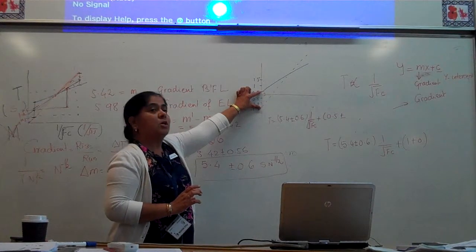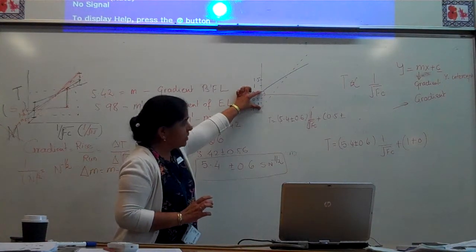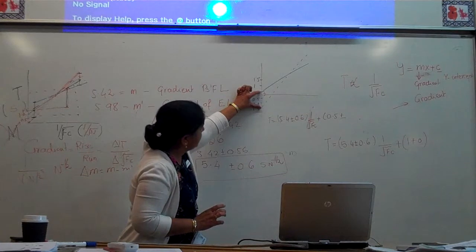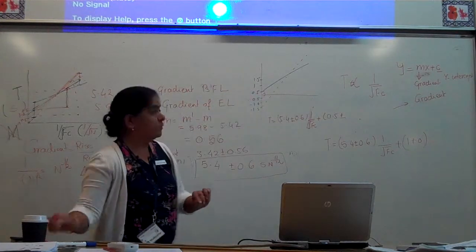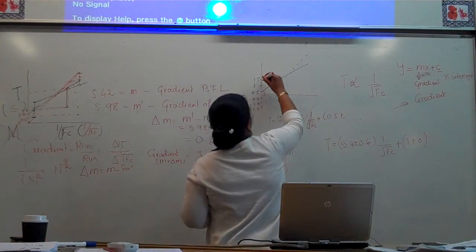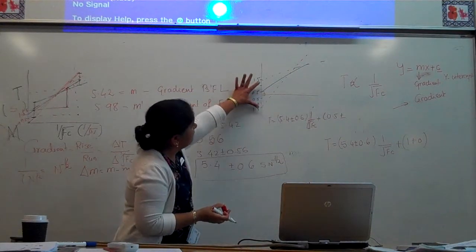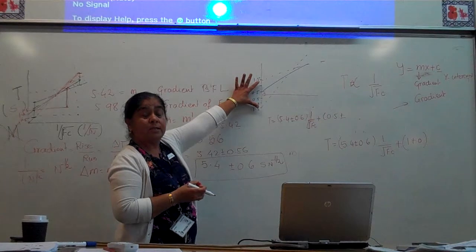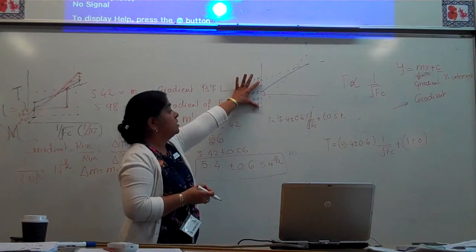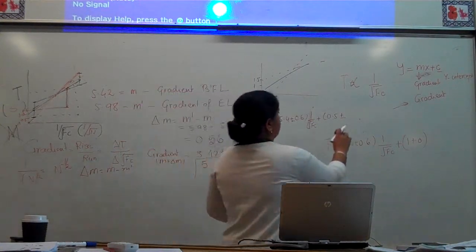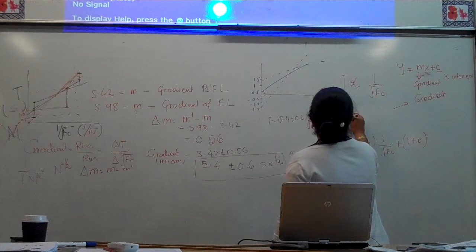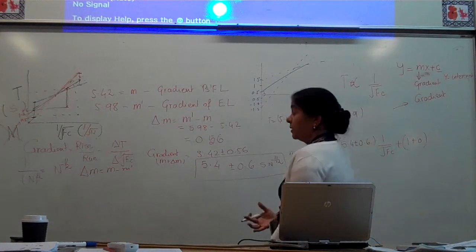That means your best fit line is somewhere between this end 1.4 and this end 1.4. The other error line should have been something there. So the best fit line is somewhere in that area. That's what you're uncertain about. So you will write plus and minus 1.9, which is a very big uncertainty.